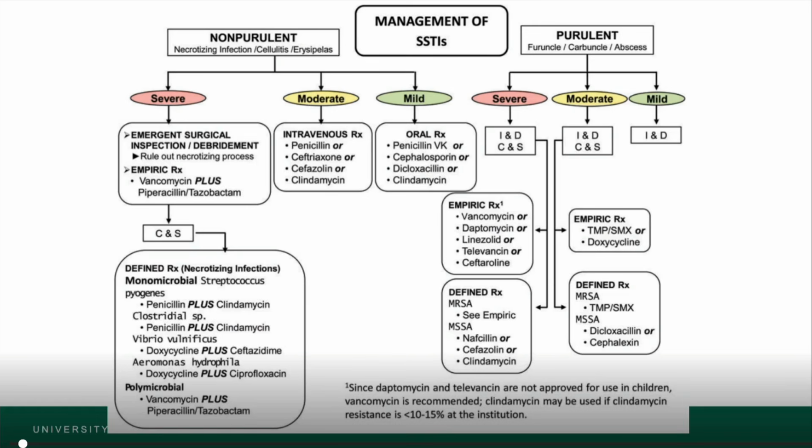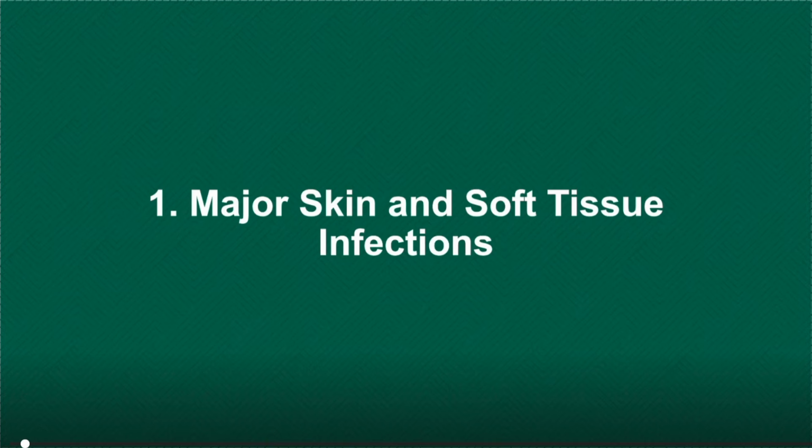The big differential when you're thinking about a skin and soft tissue infection is purulent or non-purulent, and that guides which bugs you're covering. When it's purulent, what do we want to make sure we cover? Staph aureus, and specifically usually MRSA. When you have a non-purulent infection, often you can avoid that. We'll break it down more, but this figure is nice.